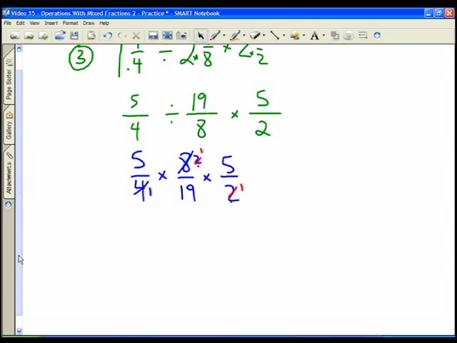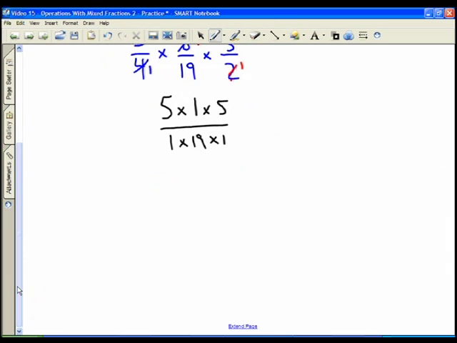And so now in our numerator we have 5 times 1 times 5, and in our denominator we have 1 times 19 times 1. And so we get 25 over 19.